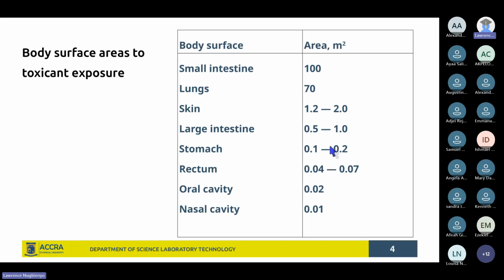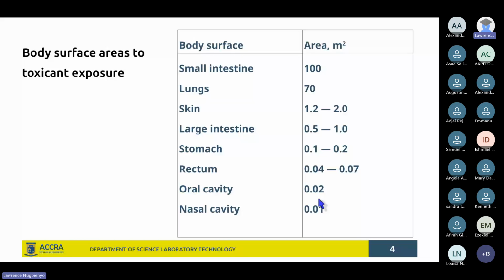That's all that happens there, and so it also has a smaller surface area. The rectum, already getting much closer to excretion by fecal matter, has much less surface area. The oral cavity, the mouth, also has a small surface area, not that big. And the nasal cavity here is the least among all the rest.